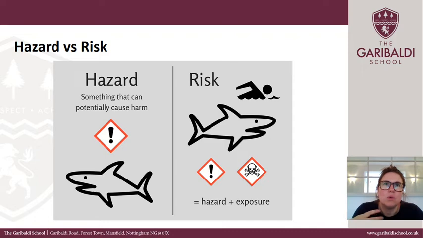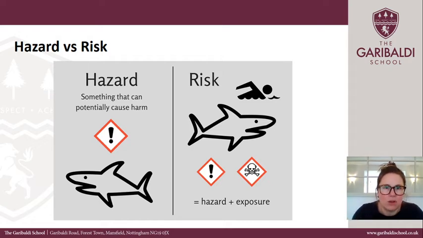That means if you were sat on your sofa watching a documentary about sharks on the TV and they're in the ocean thousands of miles away from you, your exposure is zero, so therefore the risk to you at that moment in time is zero. If you were swimming, I don't know, in Australia, somewhere where there's lots of sharks, and the shark was there, your risk, your exposure, because you are exposed to the hazard, has dramatically increased.